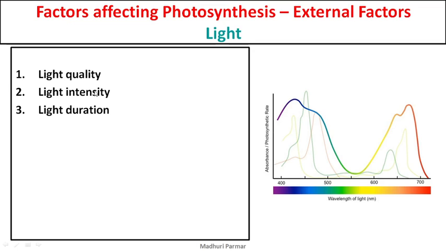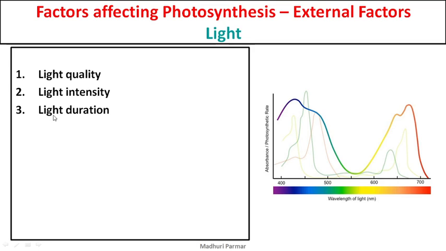Then the light intensity. We had already seen light intensity during photorespiration, if you remember. So there should be a perfect light intensity. At lower light intensity, the photosynthesis rate will be low. At very high light intensity also, the chlorophyll will denature, so there will be less photosynthesis. The light intensity should be optimum for a higher rate of photosynthesis.